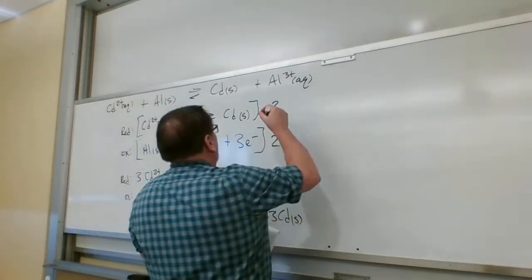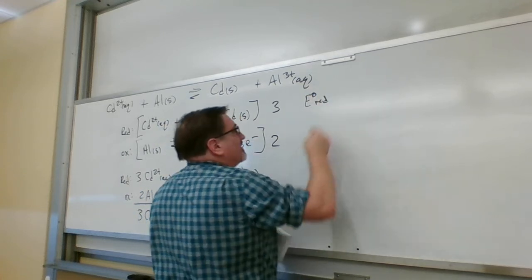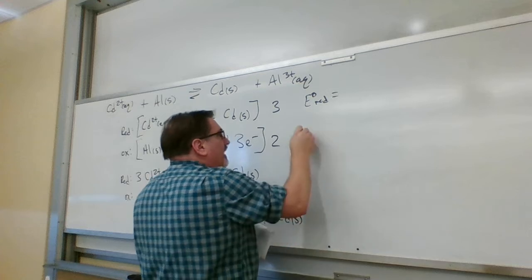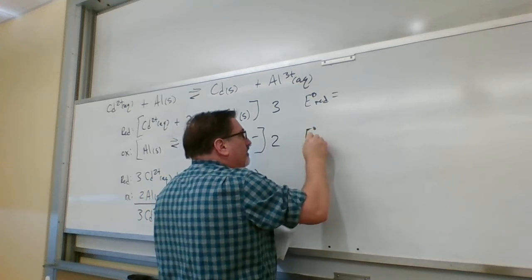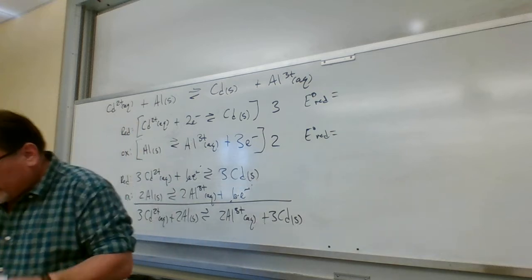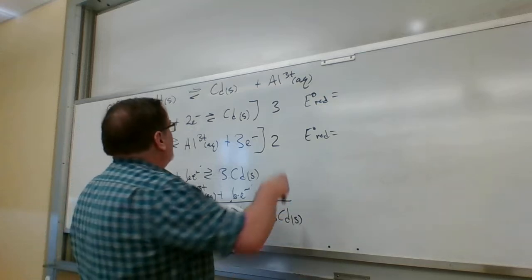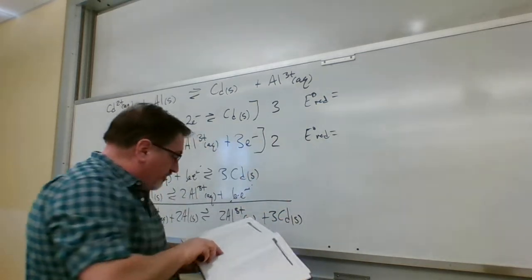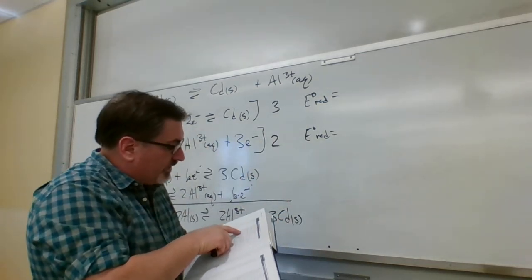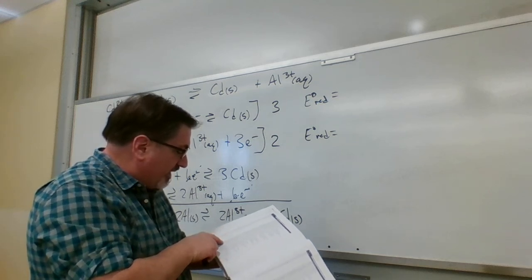Okay? So for cadmium, that has a reduction potential, we'll look up, and the aluminum also has a reduction potential that we'll look up. So we go to our table, and we're looking for a 2 electron reduction of Cd2+. Okay, so we just scroll down here until we find Cd2+ as a reactant, as our first reactant.